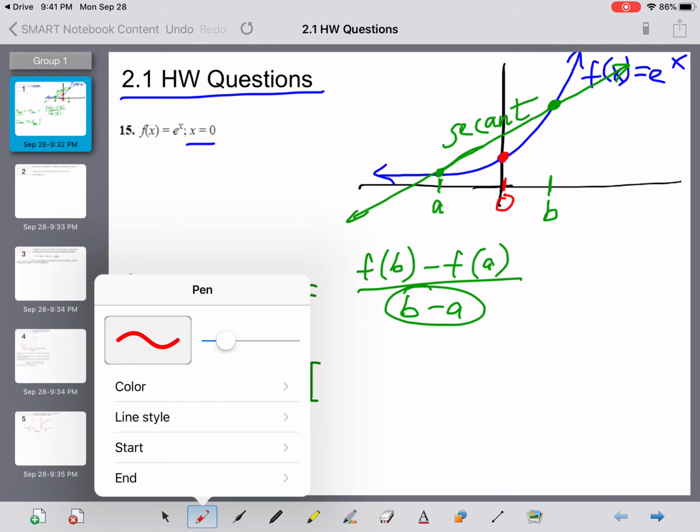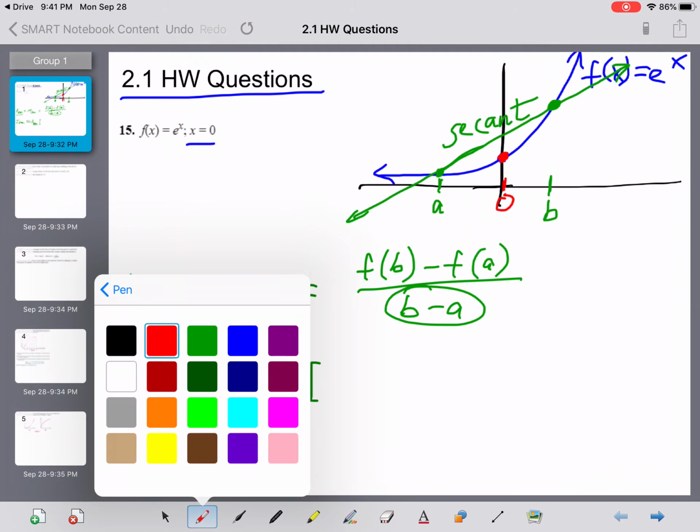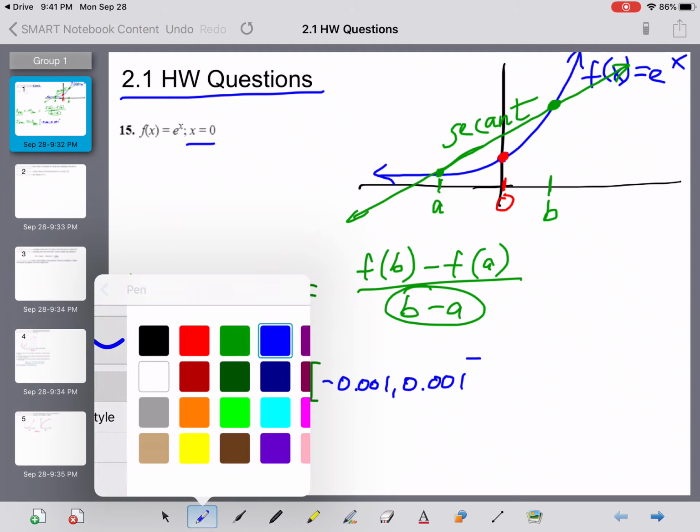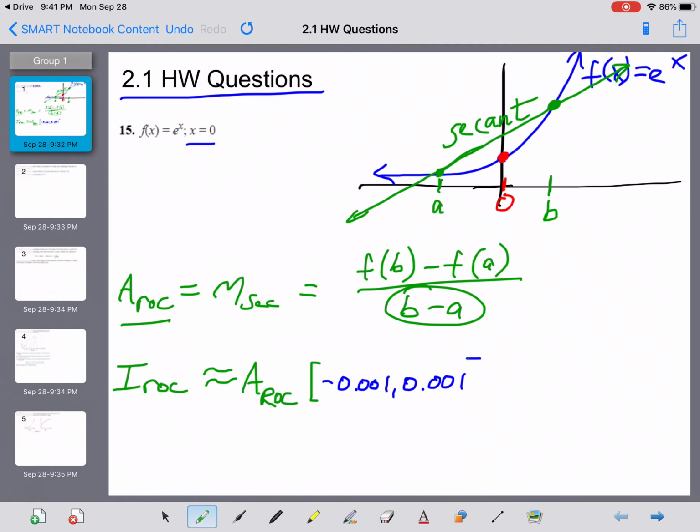I think probably the best way to do that, and I think I went through this in our notes, is to go 1,000th to the left of 0, which would be negative 0.001, and then 1,000th of a unit to the right, 0.001, but positive now. And if we did that, this is going to give us a very small interval right here on which we'd be able to determine that instantaneous rate of change.